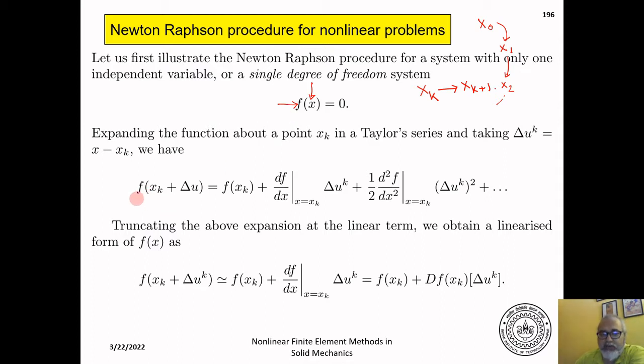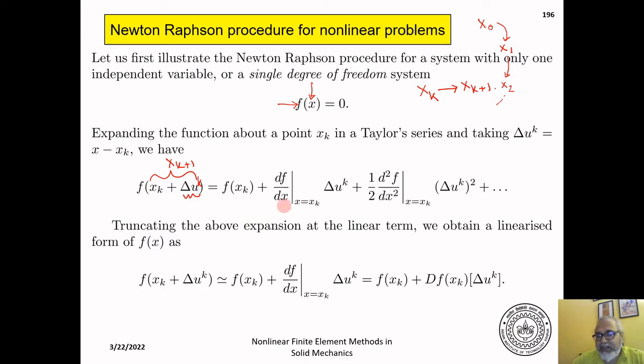So I do it for xk plus delta uk, where delta uk is a small increment in the value of x over xk. So this is my xk+1, which is slightly away from xk.